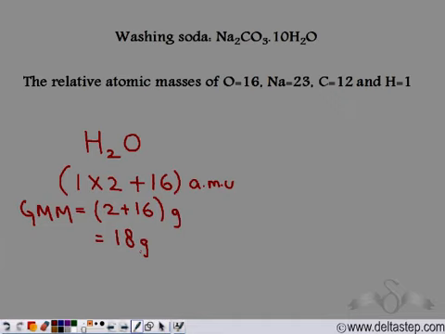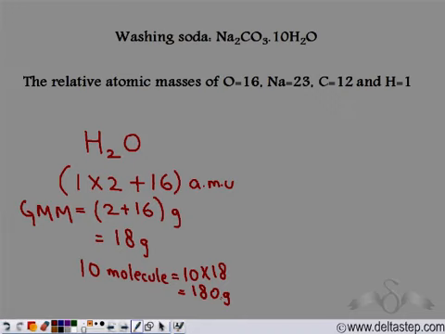So for one molecule, we have 18 grams. So for 10 molecules, we get 10 into 18, which is equal to 180 grams. This is the total amount of water of crystallization present in the washing soda.